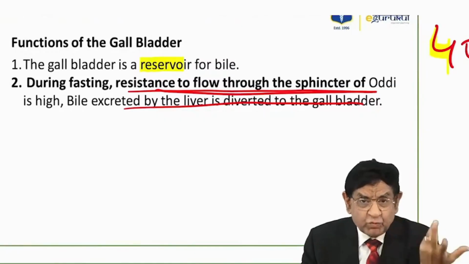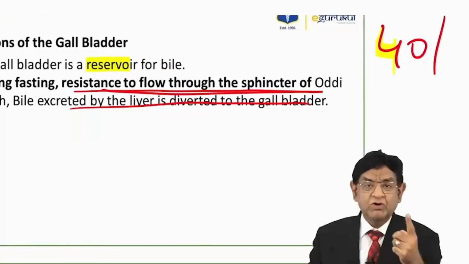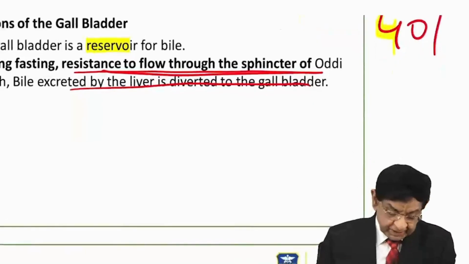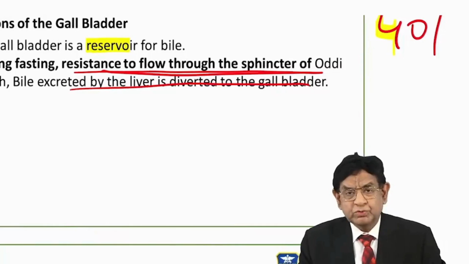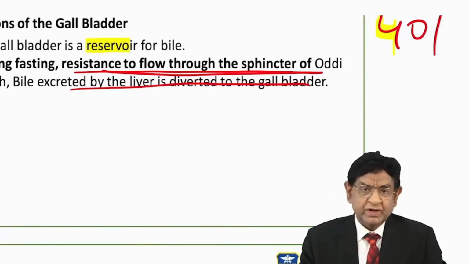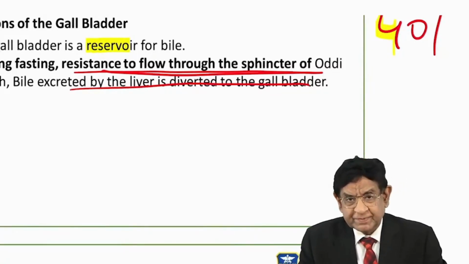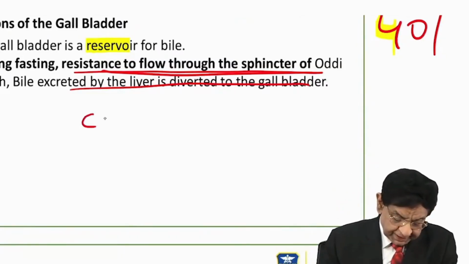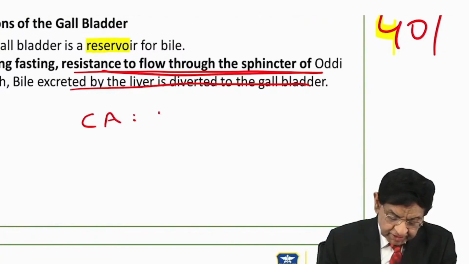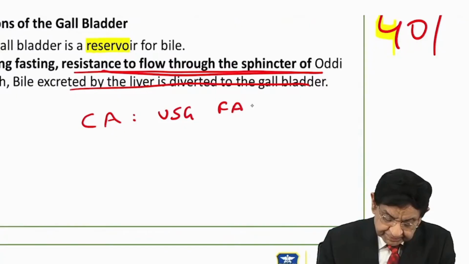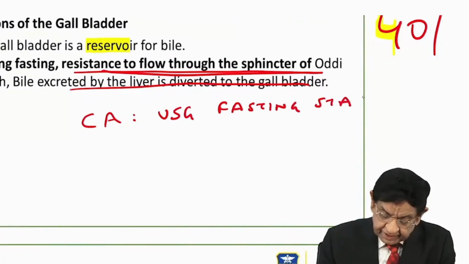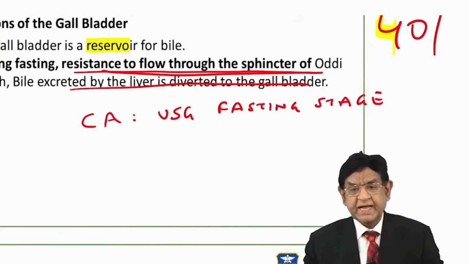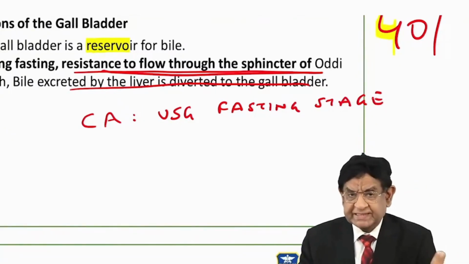Now comes the gold medal question from radiology. Suppose you want to do an ultrasound to look at the gallbladder. The clinical application: the ultrasound of the gallbladder should be done in the fasting stage. At that time the gallbladder is fully distended.